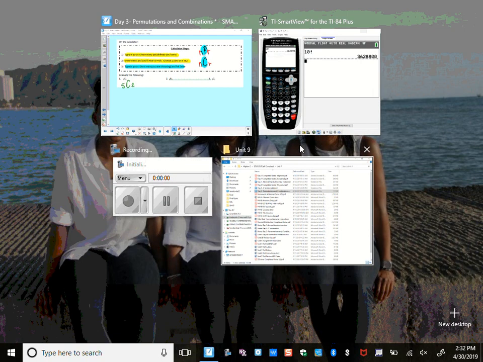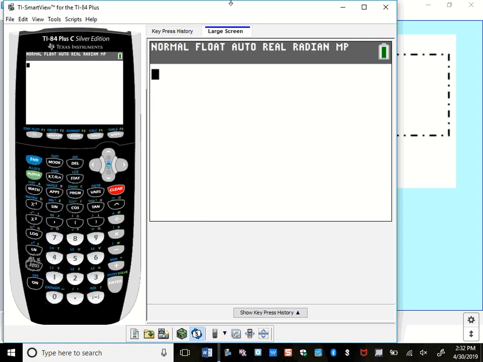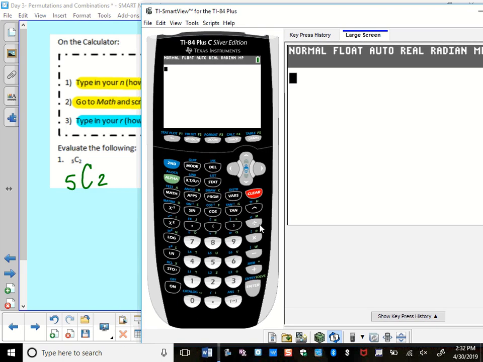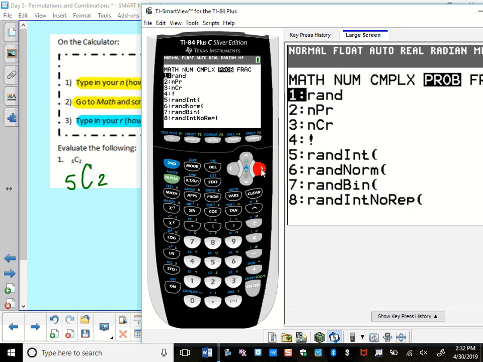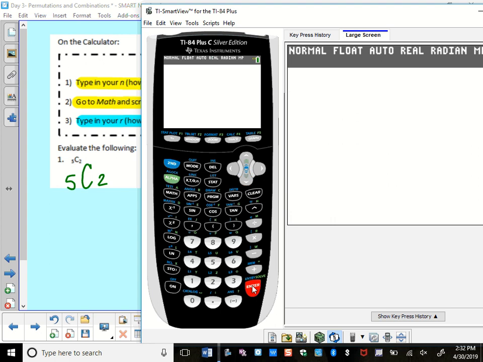First, you're going to type your number. So what number of possibilities do we have? 5. Type in the number 5. Then we're going to hit math. Go over to probability. Look at our problem. Do we need P or C? C. So go down to number 3. Hit enter.